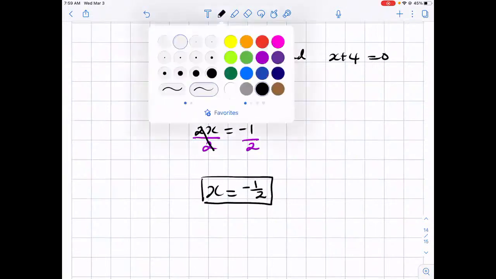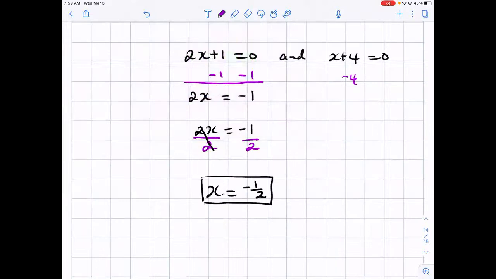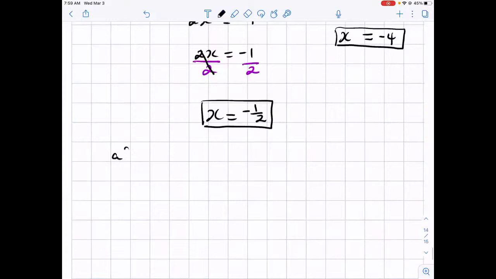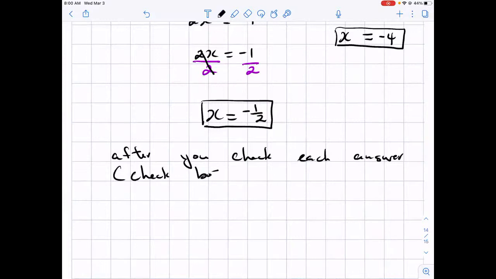And then we do the same thing. We minus 4 on both sides, and we end up with x plus 4 and the minus 4 cancel, equal minus 4. So this here is a possible answer. After you check each answer, you have to check both of them.